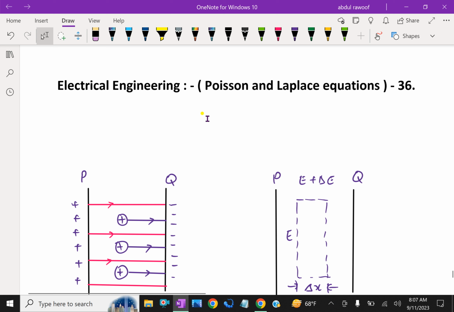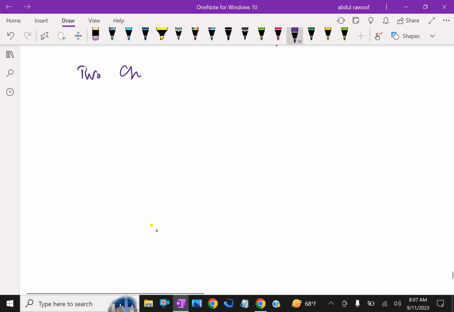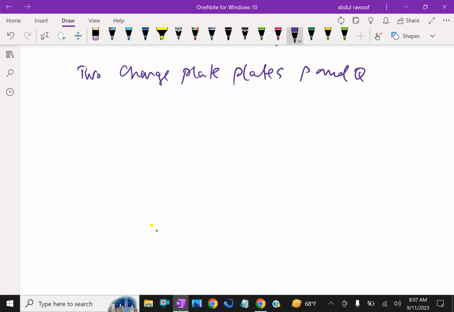Consider an electric field set up between two charged plates P and Q. Suppose there is some electric charge present in the space between the two plates.